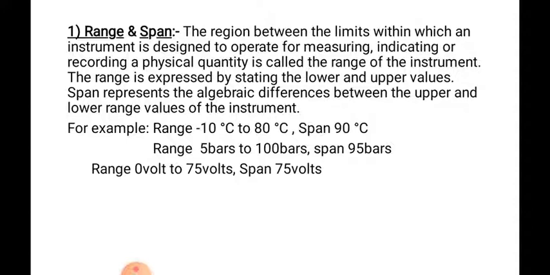For pressure measurement, the span is 100 bar minus 5 bar, which is 95 bar. For the voltage, the span will be 75 volt minus 0 volt, which is 75 volt. I think all of you got what range and span are.